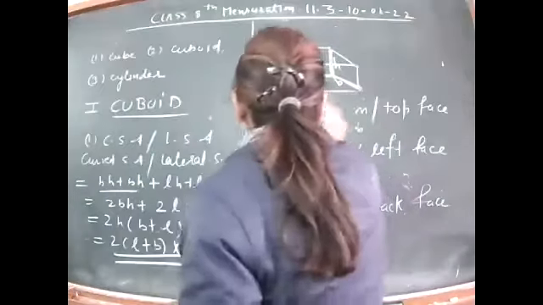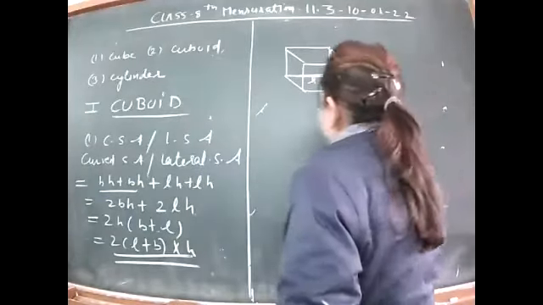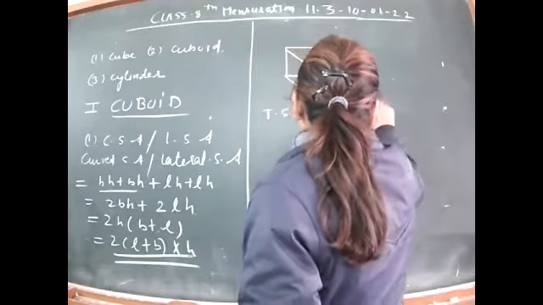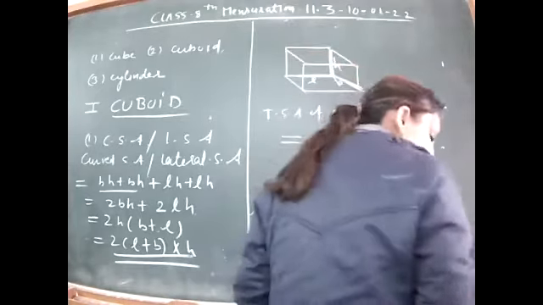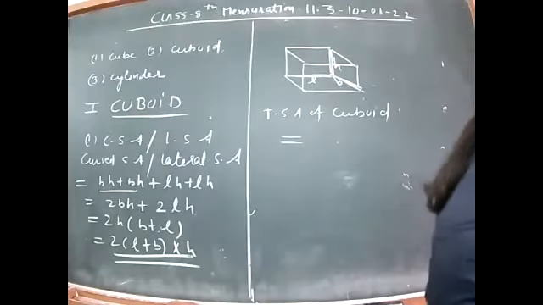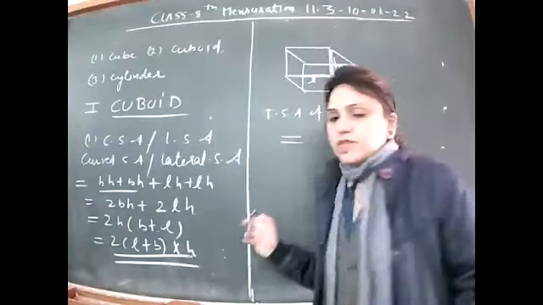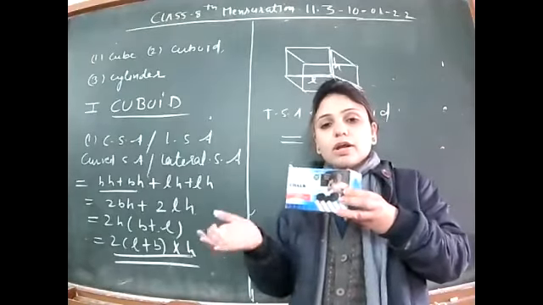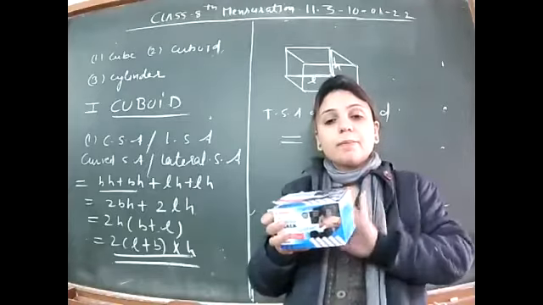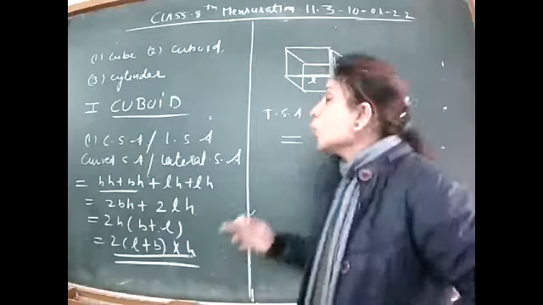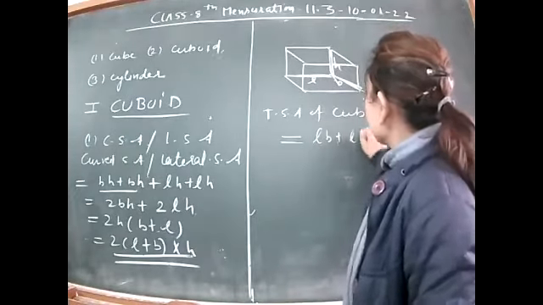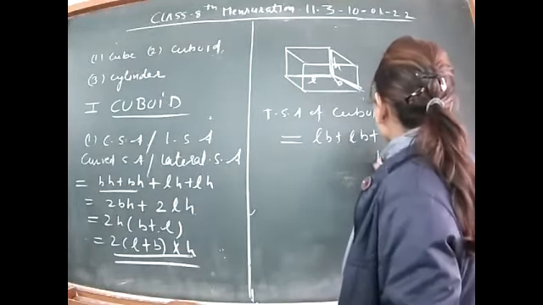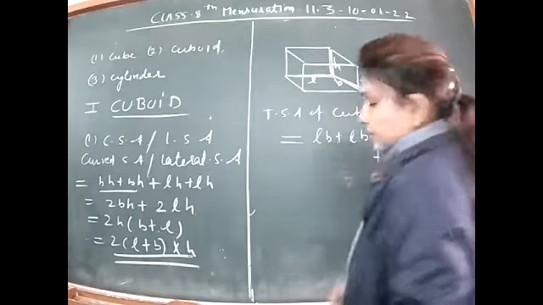Now come to total surface area. Total surface area of cuboid. When we talk about total surface area, it means now we will include the area of all the faces: upper, lower, right, left, front, back, सारे के सारे faces, right? तो upper lower में LB आएगी, right left में BH BH, front back में HL, areas add हो गए.